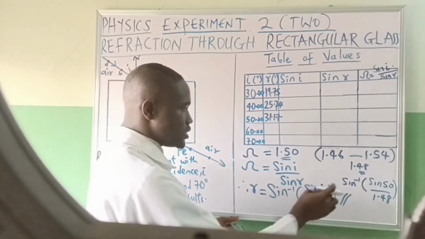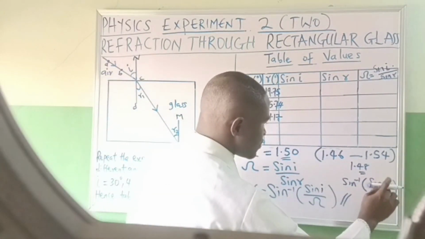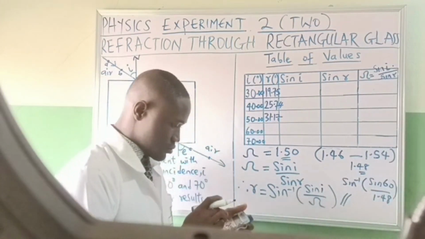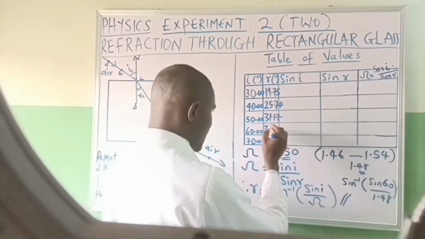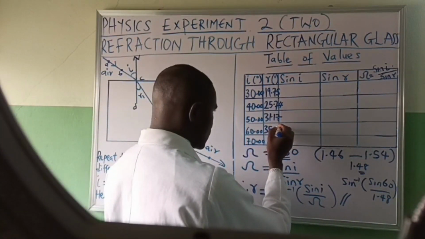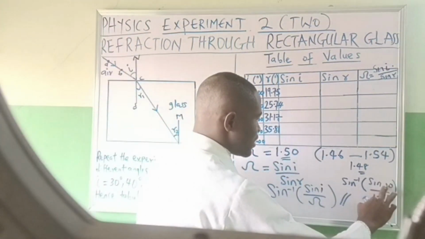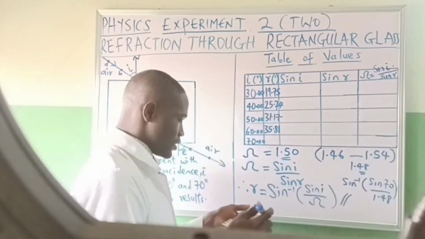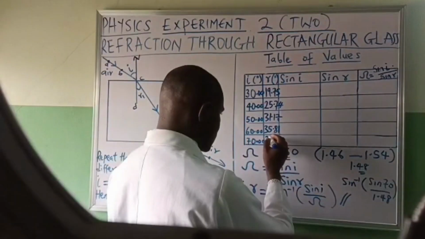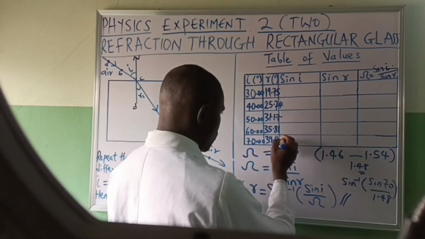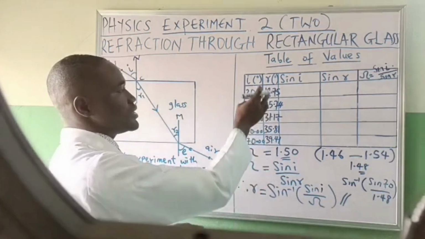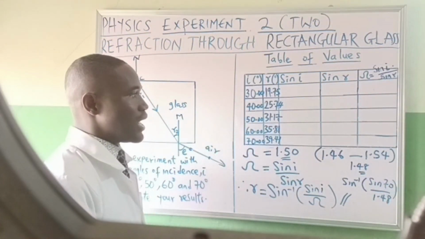I'll change the 50 to 60, that is 35.81. I'll change the 60 to 70, that is 39.41. Now I've succeeded in getting my r, and that is the major thing.